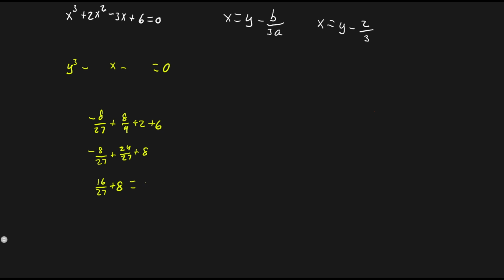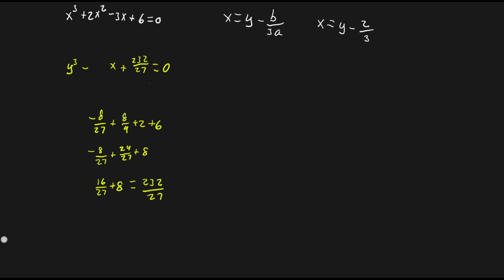We get 232 divided by 27. And it doesn't have any factors of 3 or anything. So that is our y value when y or x is equal to 0. So that is when x is equal to negative 2 over 3, we get 232 divided by 27.